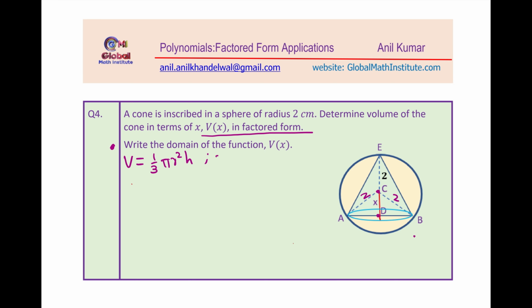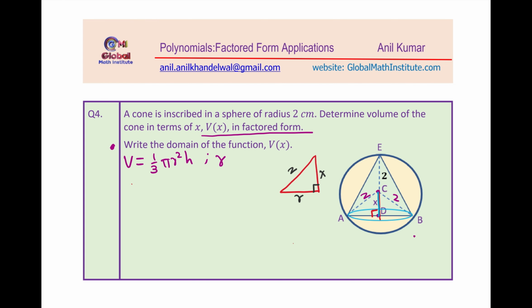Now, to find the value of r, we can look into the right angle triangle shown here, correct? So in this right angle triangle, let me redraw this triangle. We have 2 as the hypotenuse, x as one of the sides, so this is the radius.